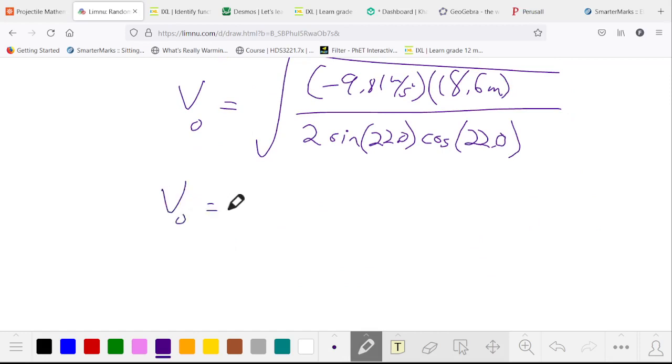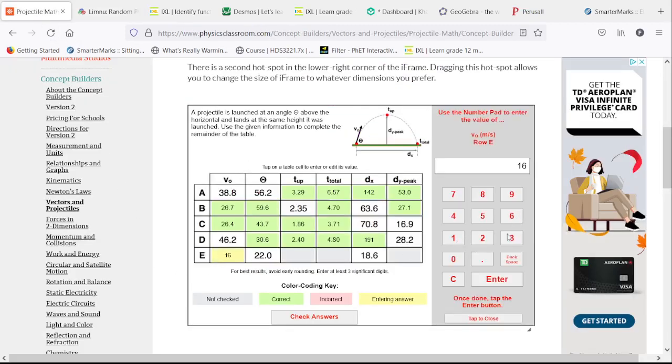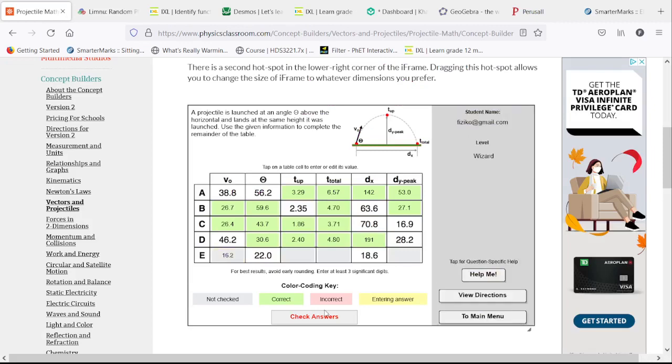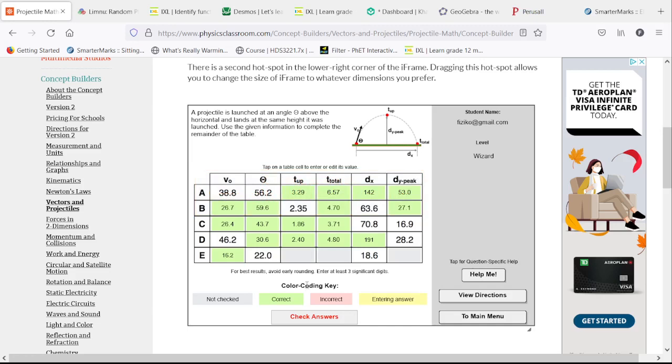So we have 9.81 times 18.6 divided by, and then in brackets, 2 times sine 22 times cos 22. Our initial velocity is 16.2 meters per second. So this is 16.2. We check it, it checks out.